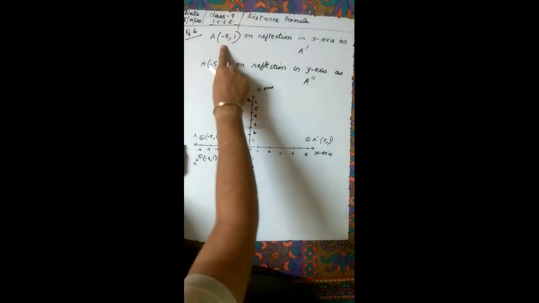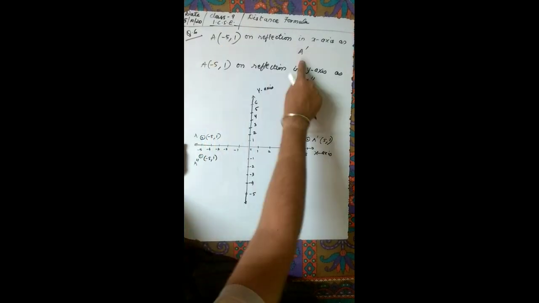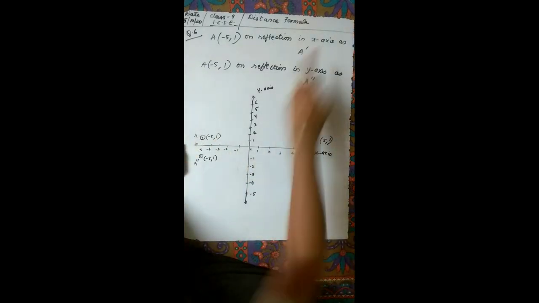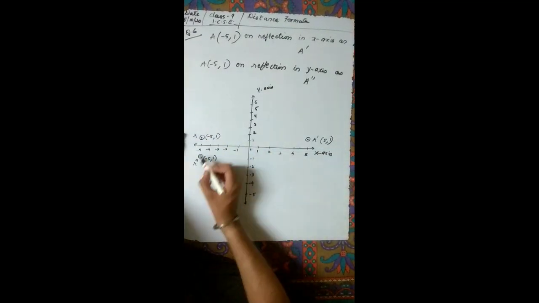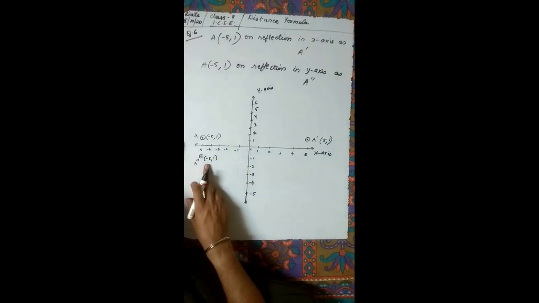So we need to reflect this A (-5, 1) as A dash in the x-axis. How will we reflect it? Just put a mirror on the x-axis. Wherever this point shows its image, that will be the reflected point.